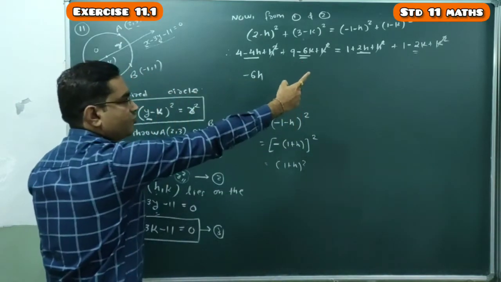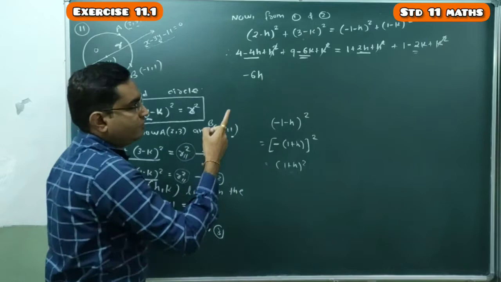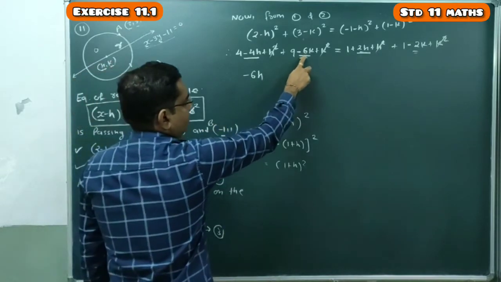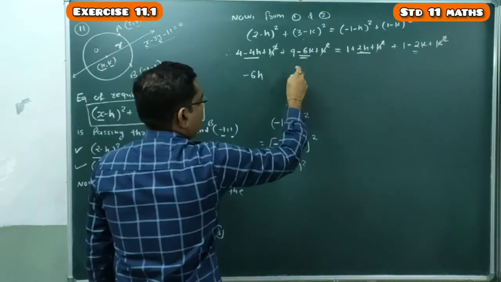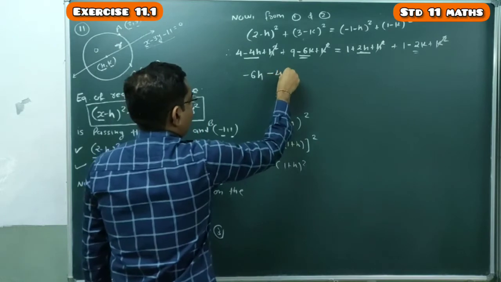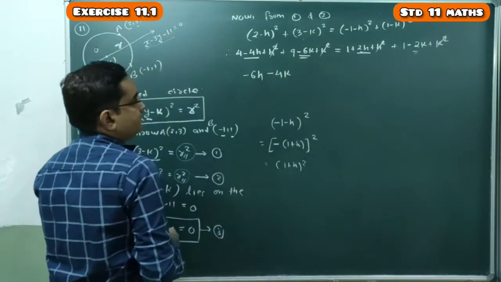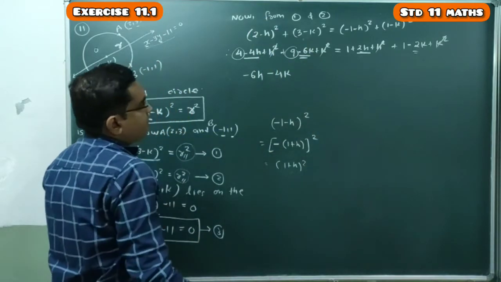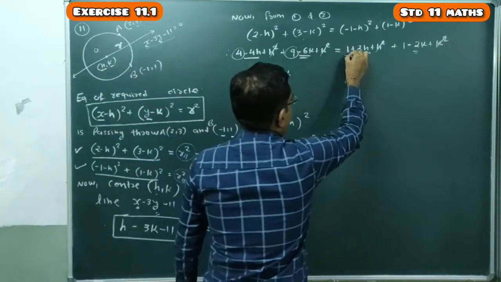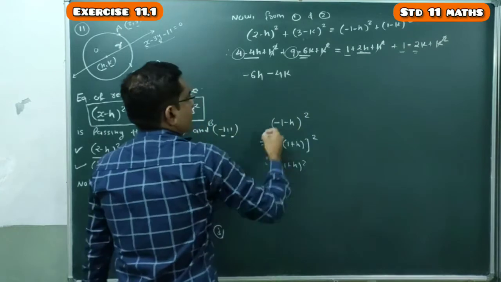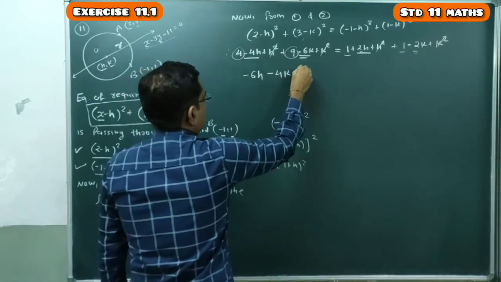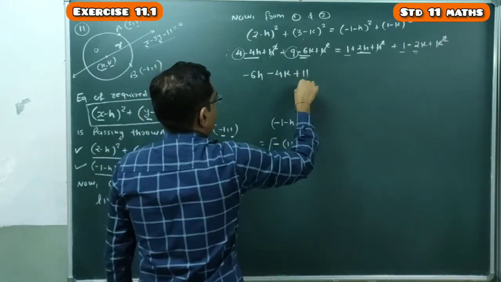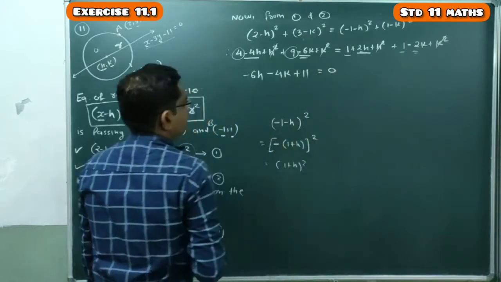Taking that minus 2k on the left hand side, it will be plus 2k, so minus 6k plus 2k is minus 4k. And the constant terms: 4 plus 9 is 13, 13 minus 1 minus 1, so it's 13 minus 2, which is plus 11, equal to 0.